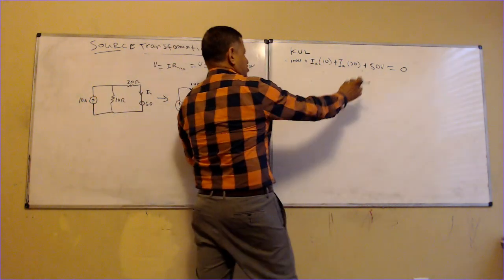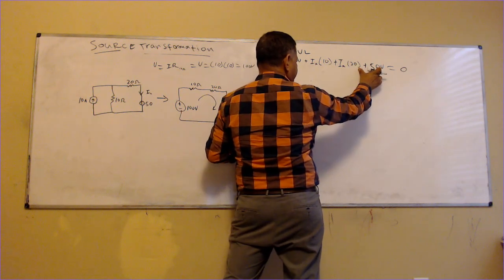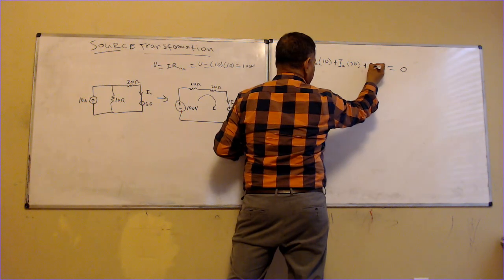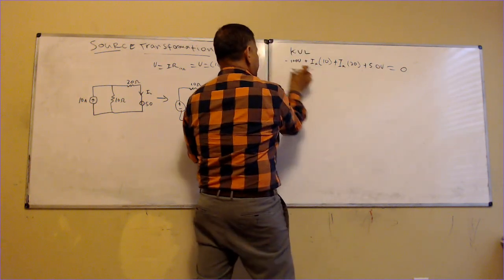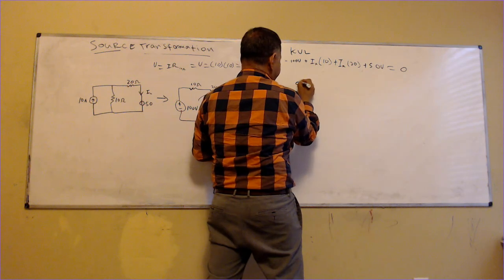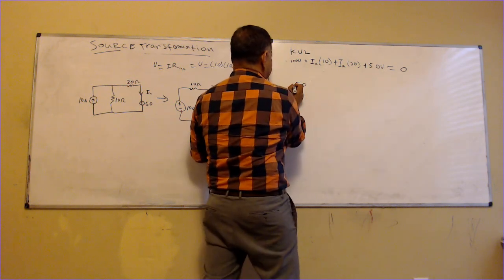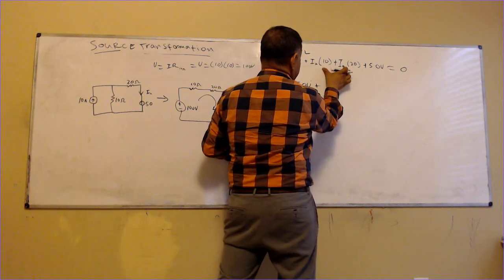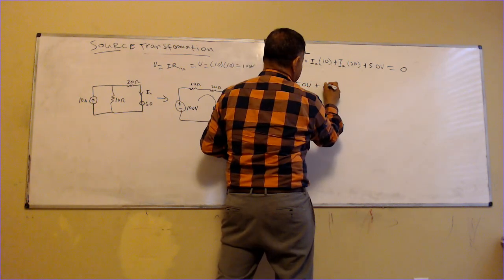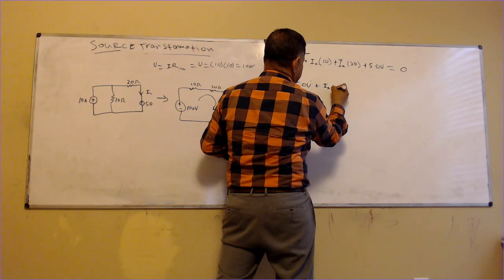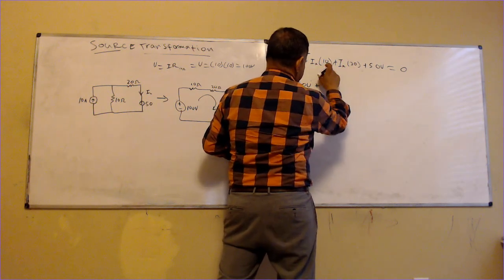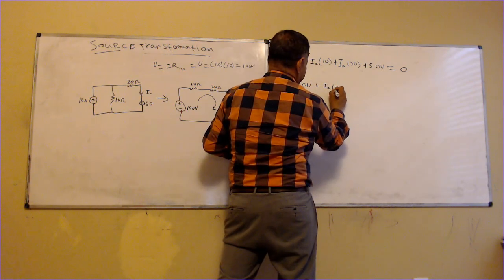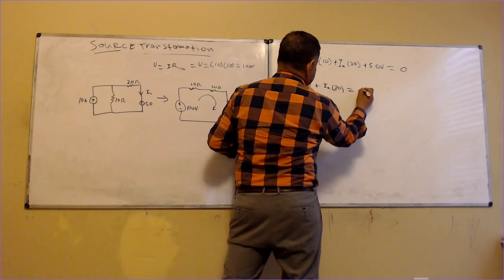So this one right here, 50 volts. Adding this and this, I get negative 50 volts, and then I add these two, which is Ix times this, and this is 30 ohms, and that is equal to 0.